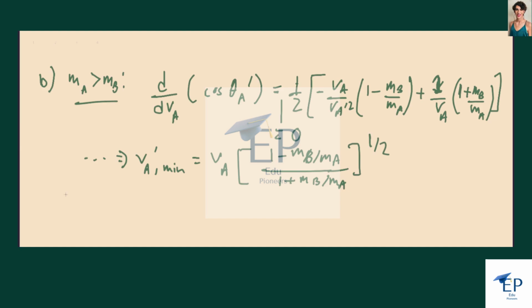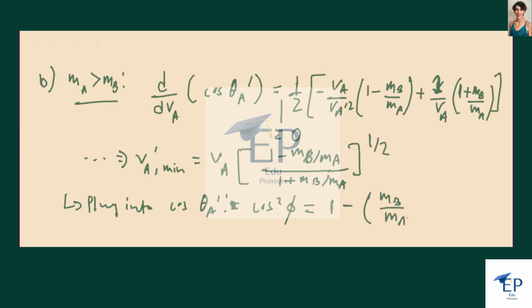So plug into the cosine theta A prime equation, and what you get is cosine. Well, this time we're going to call theta A prime phi. So you're going to get cosine squared phi is equal to (1 minus MB over MA) quantity squared. And that's it.